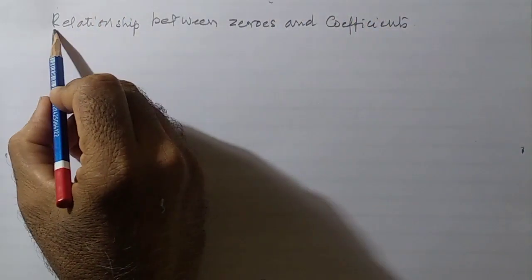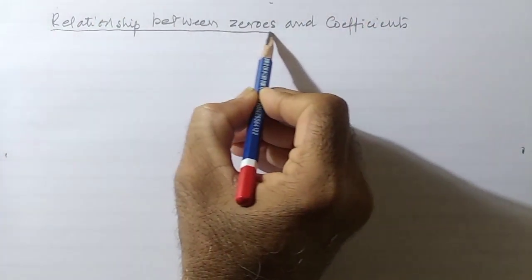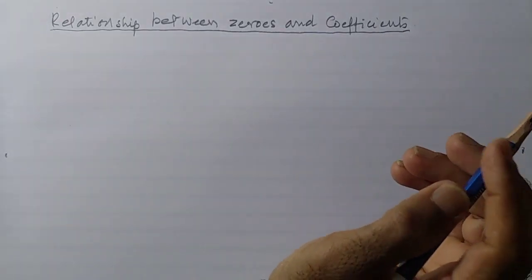Here we see the relationship between zeros and coefficients of a polynomial.